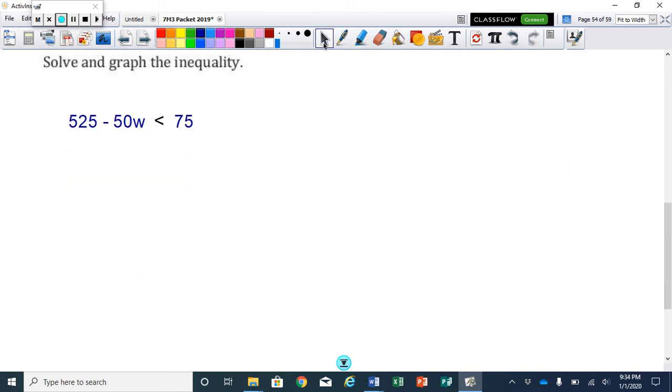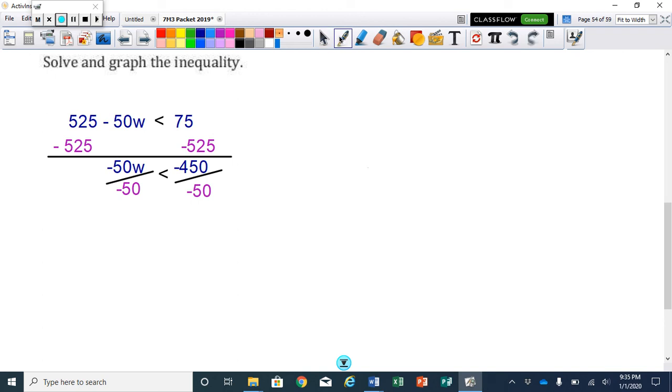So now I've got to solve it. So I need to subtract 525 from each side. So then I get negative 50W is less than negative 450. Divide each side by the negative 50, which means because we're dividing by a negative, we're going to need to flip the inequality symbol.